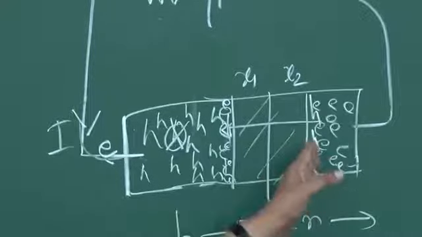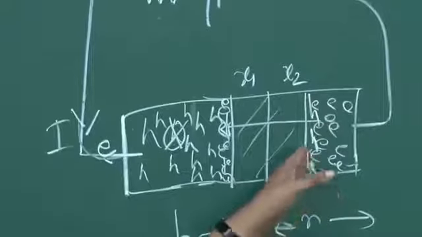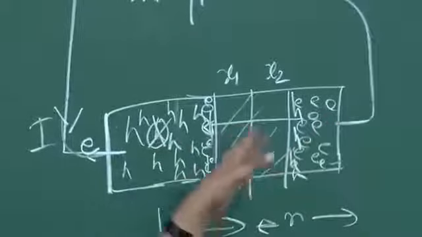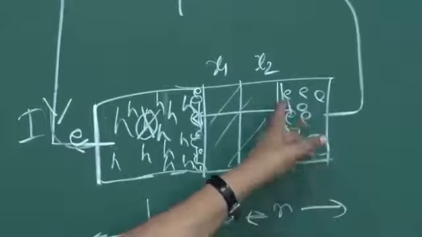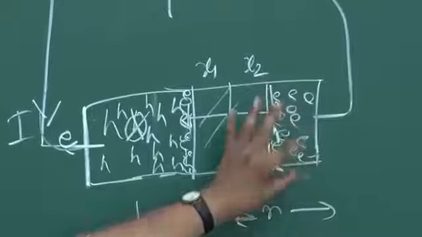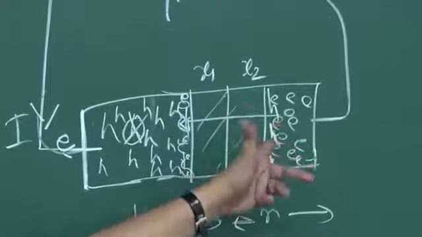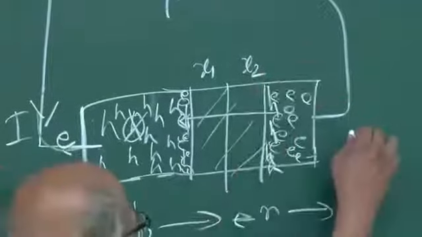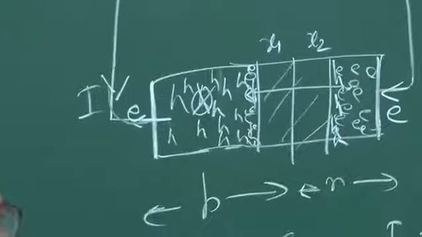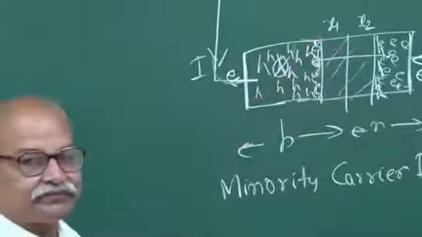The holes have a large concentration here at the edge of the depletion layer, and on the other side towards that contact they have to diffuse, and during diffusion they can combine with an electron, and one electron can go. And if one electron goes from there, once again negative charge goes, and therefore this circuit will supply an electron through this contact here to compensate that. So that is how the current goes.